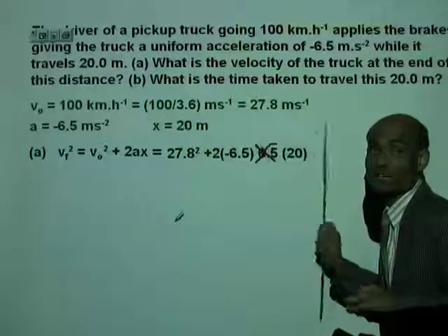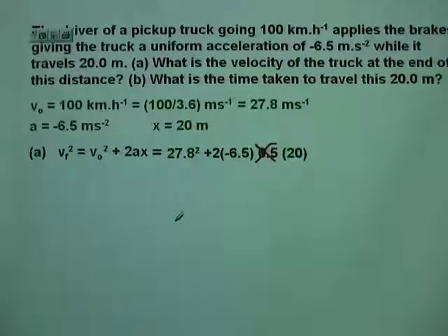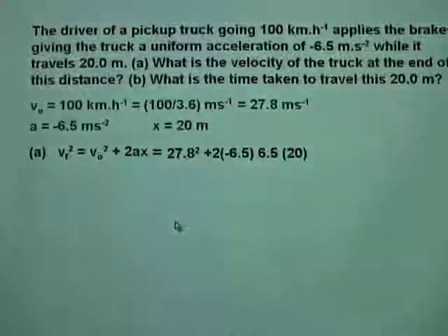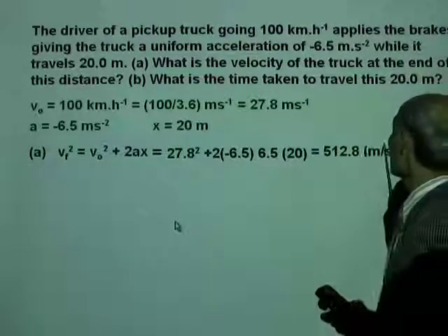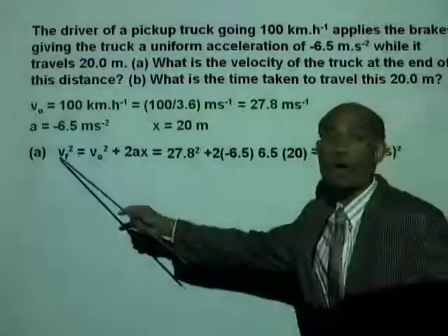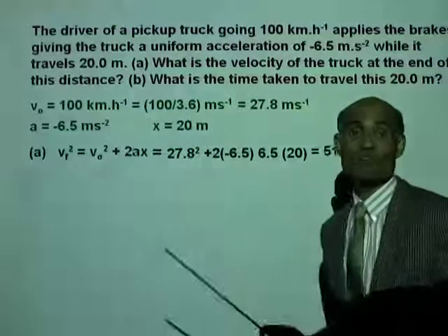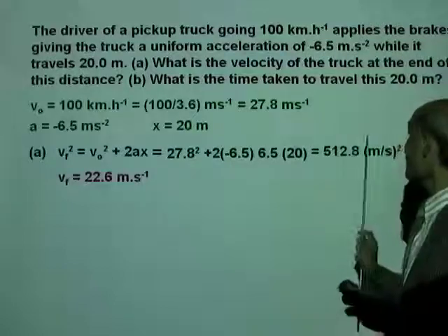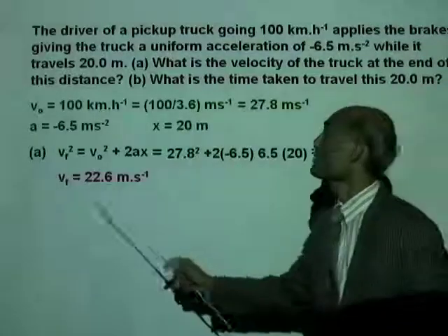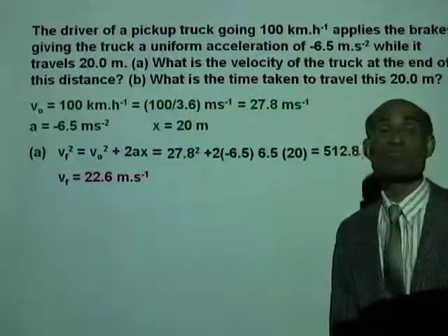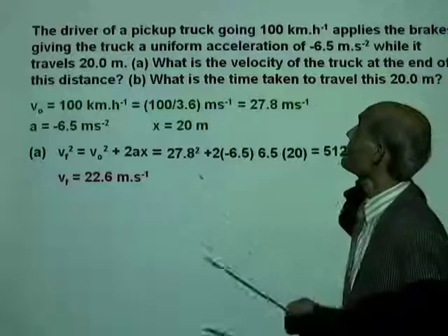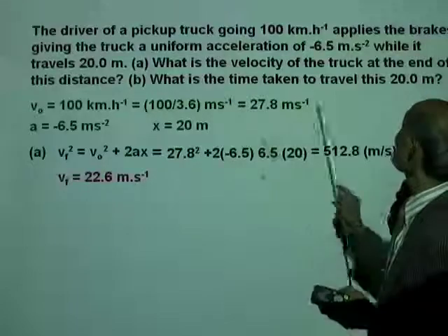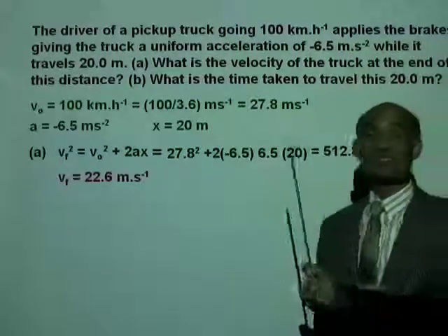Alright? That will be 512.8 meter squared per second squared, because this is the square of Vf. Vf therefore is the square root of that, which is 22.6 meter per second. And B, what is the time taken to travel this distance?